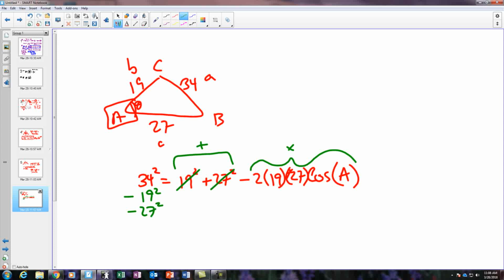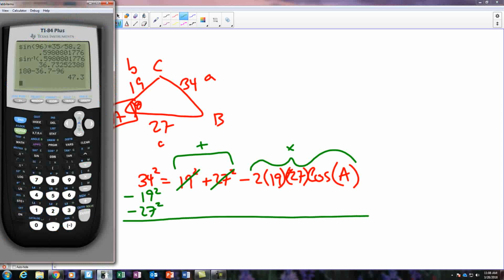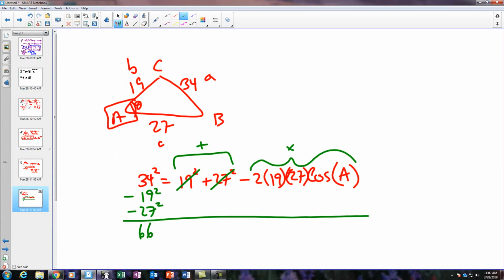I'm going to subtract those two values over, grab my calculator, 34 squared minus 19 squared. And the nice thing about doing it this way is I don't have to carry around a bunch of numbers. I just throw it in the calculator and let the calculator evaluate certain pieces of it for me. So this turns out to be 66 equals.